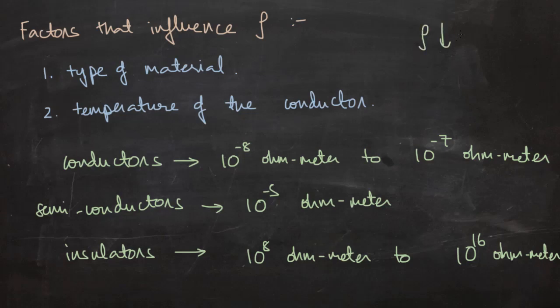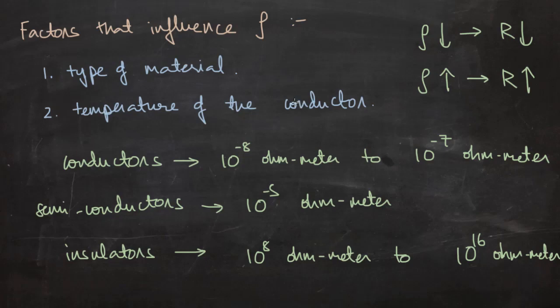If the resistivity is low, it directly implies that the resistance is low. While if the resistivity is very large, it means that the resistance is going to be very large. Alright. So this is one of the factors that influence resistivity. That is the type of material.